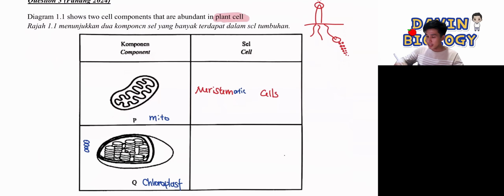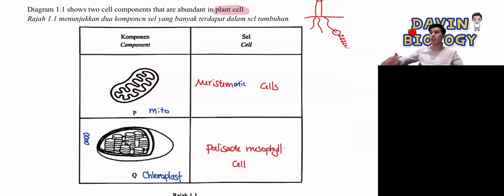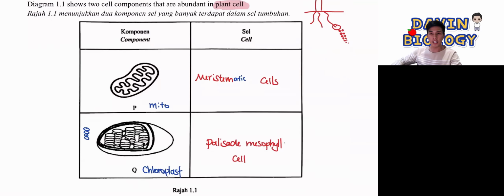And what plant cell needs a lot of chloroplast? The leaf inside has a cell that carries out photosynthesis. You must say palisade mesophyll cell. Last time we also learned this before in science. Yes, palisade.